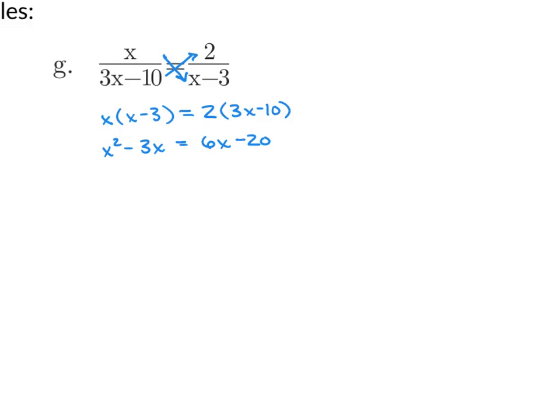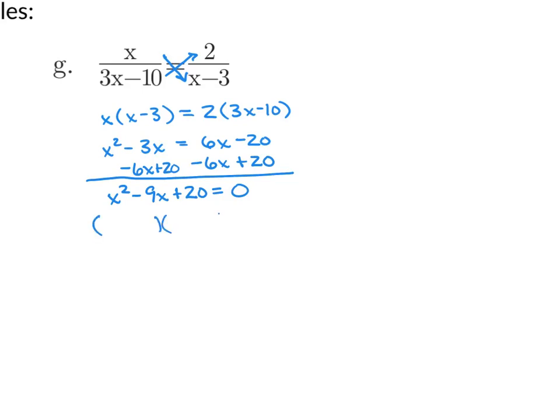All right, this is a quadratic equation because I do have an x squared term. So I'm going to move all of my terms to one side. I'm going to subtract 6x and I'm going to add 20. If we do that and combine our like terms, we get x squared minus 9x plus 20 equals 0.